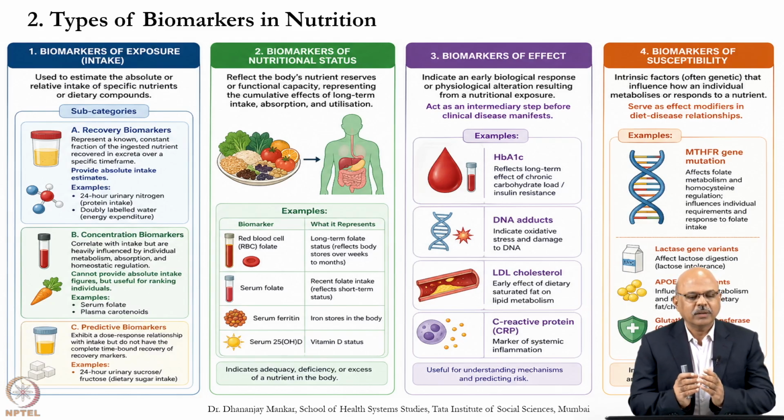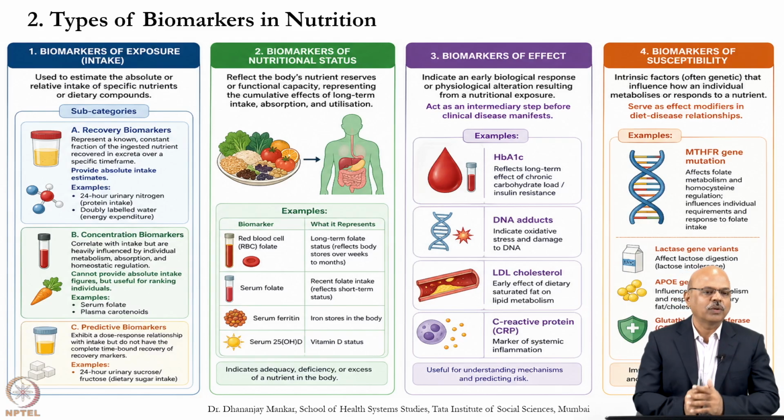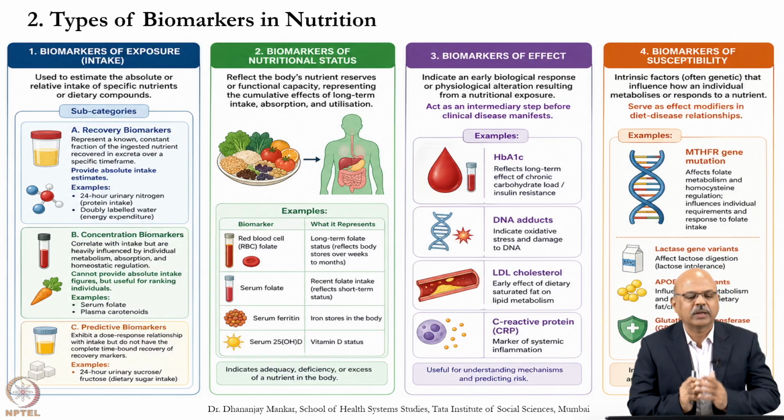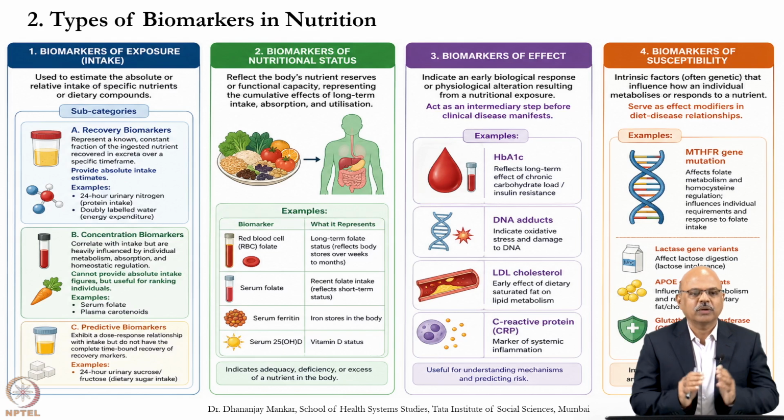The other category is concentration biomarkers, which are correlated with intake but heavily influenced by individual metabolism, absorption and homeostatic regulation. They cannot provide an absolute intake figure but are useful for ranking individuals. Examples are serum folate and plasma carotenoids.